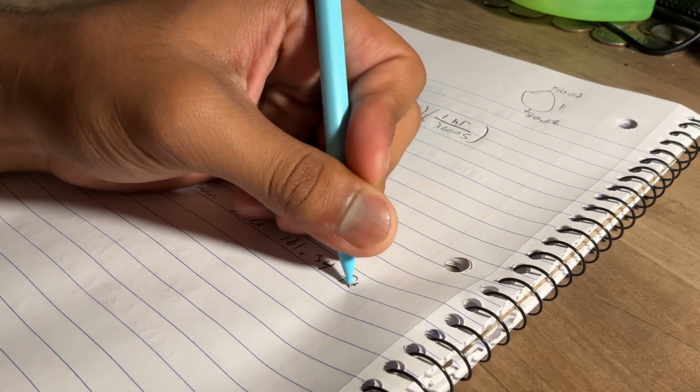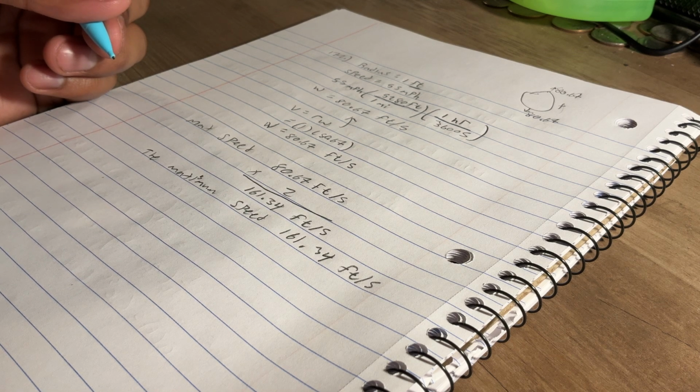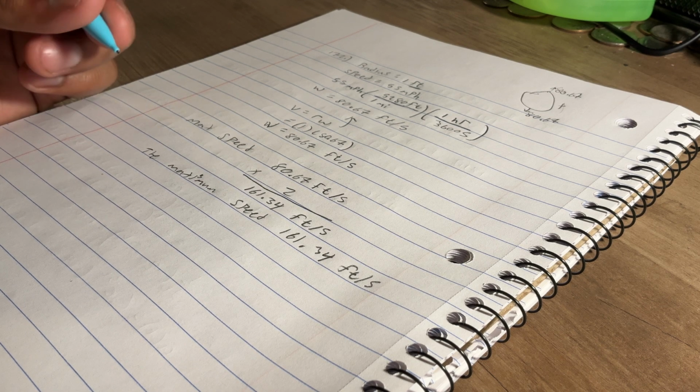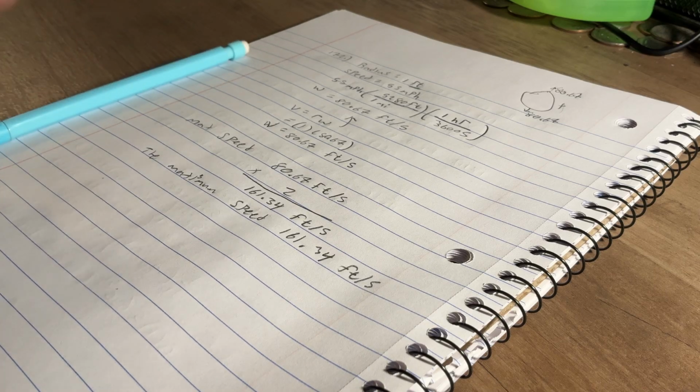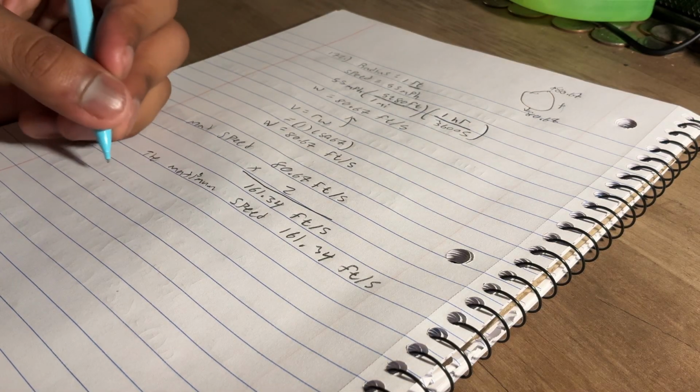And then you can do the same thing backwards if you want to convert it back to miles per hour.